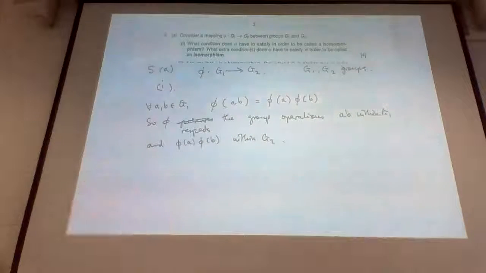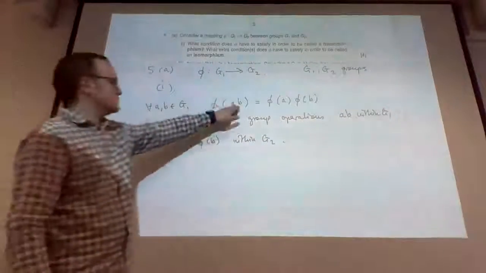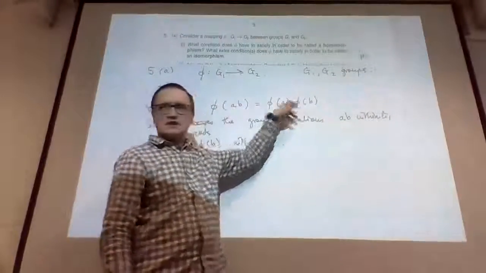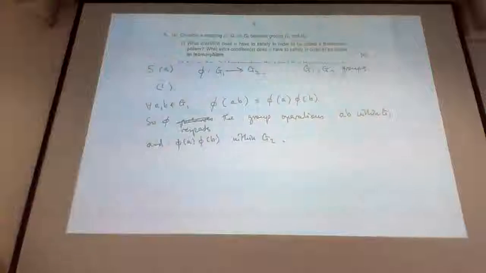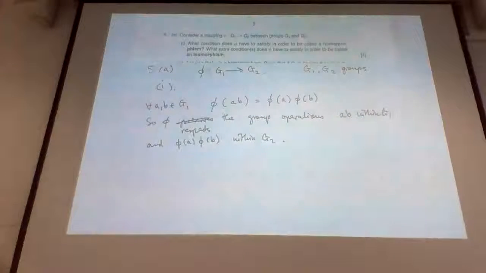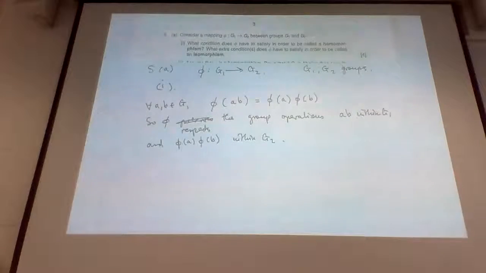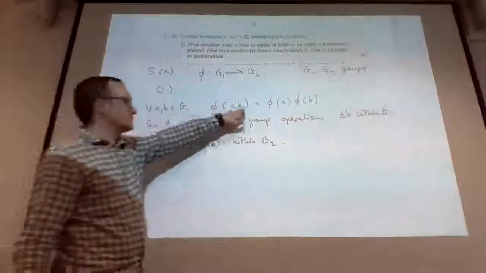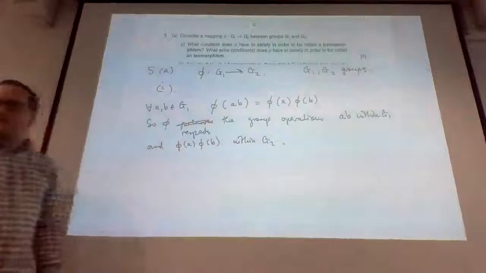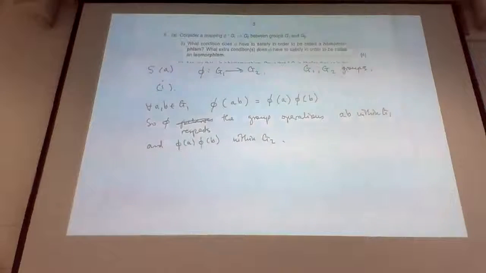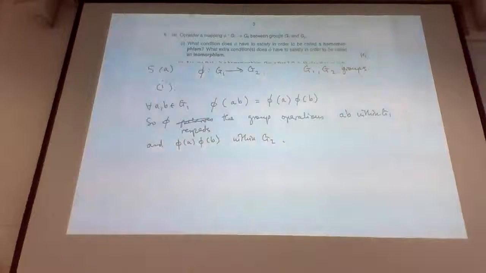That's important to realize: the group product here is taking place within G1, and the group product here is taking place within G2. Okay, so everybody clear, it's basically just that. If you have this condition, I think that would attract full marks. For all A, B in G1, phi of AB equals phi of A phi of B, that's what we call the homomorphism property.